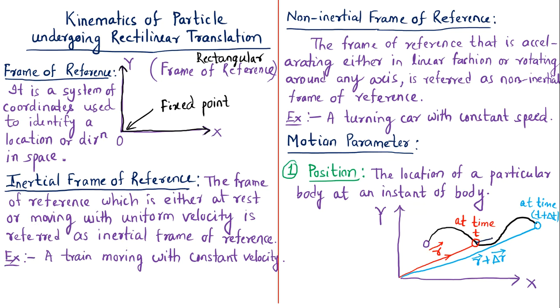Then if I join these two points, initial point and final point, this gives my displacement, delta r vector. Using the triangle law of vector addition, what do we get? The vector addition is r vector plus delta r vector, that is equal to r plus delta r vector.